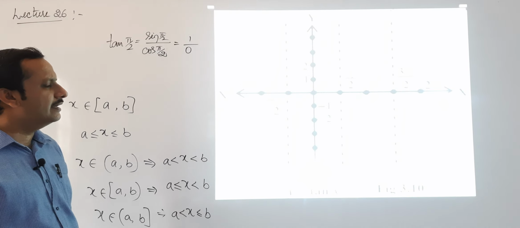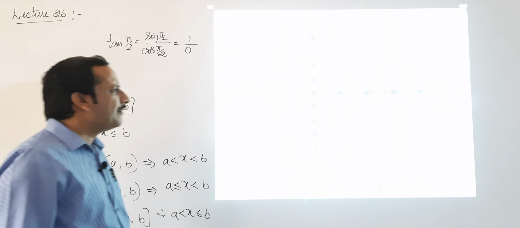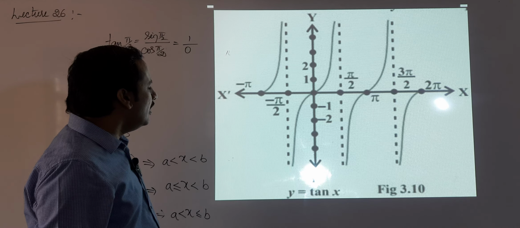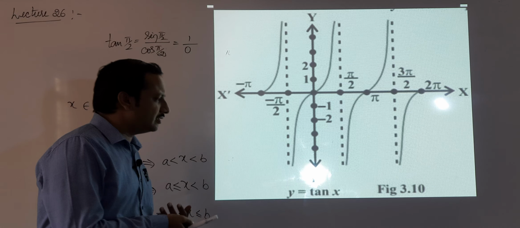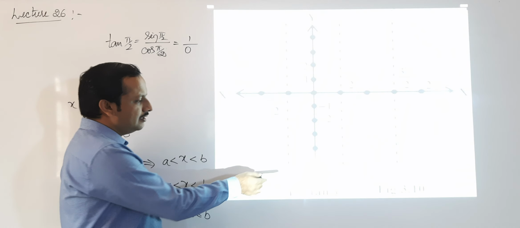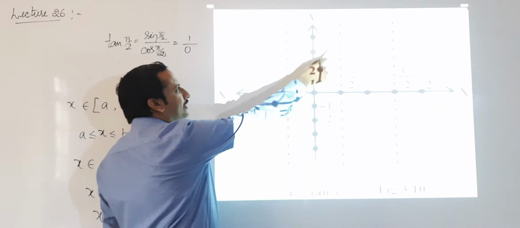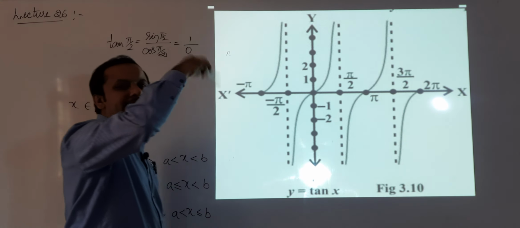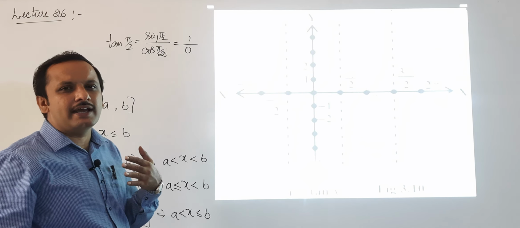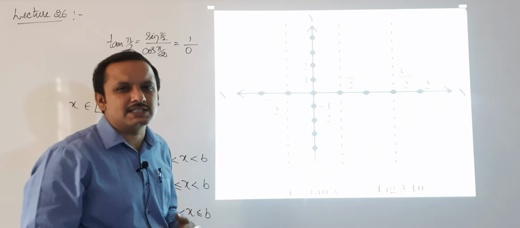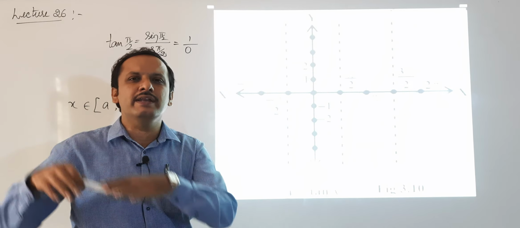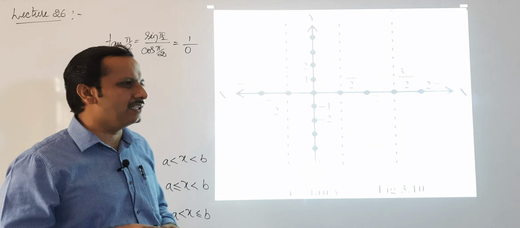Okay, then the range. Here you see it will go in this way till where? Till infinity. Earlier when we had seen the graphs of sin x and cos x, we saw that the graph of sin x will never go above 1 and it will never come below -1.